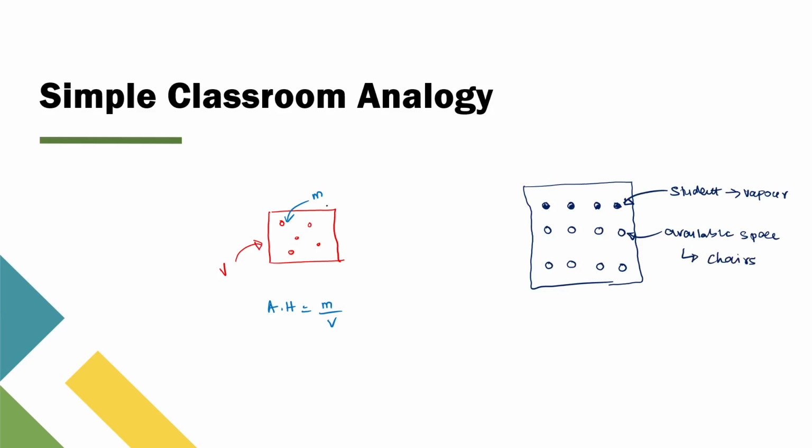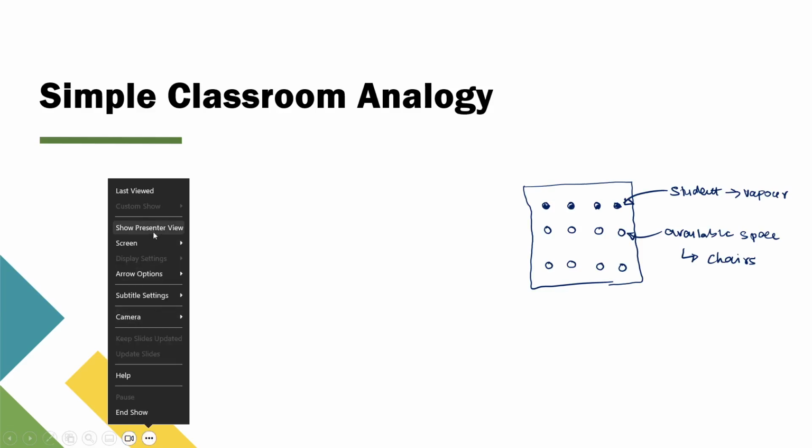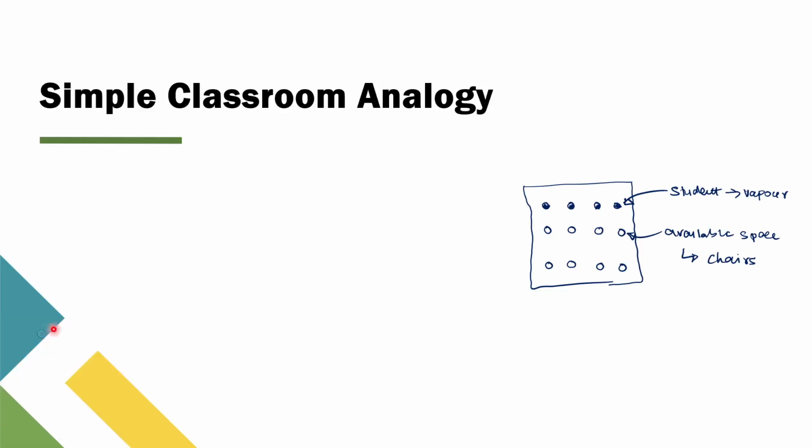Now let's see how AH and RH relate to each other. AH is the currently available amount. If you check how many spaces we have, we have 12 spaces.